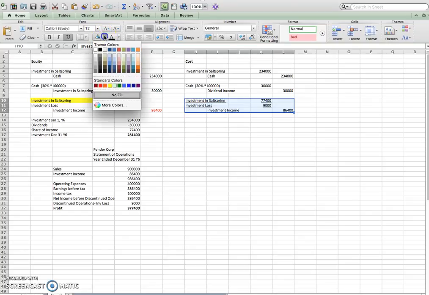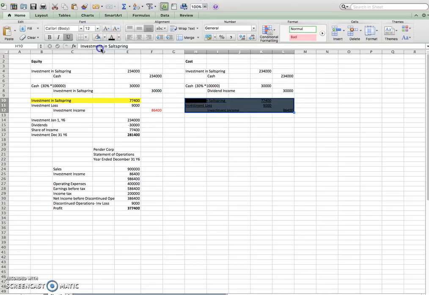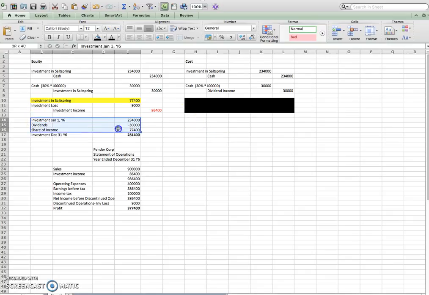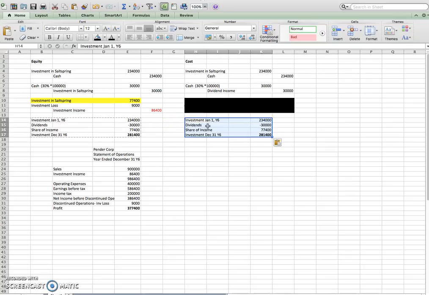So easiest way to show it, I'm just going to block it out. How does our investment account look? Well, we didn't have any of these transactions, so let's just clear them. Our investment in the beginning is the same as our investment at the end.